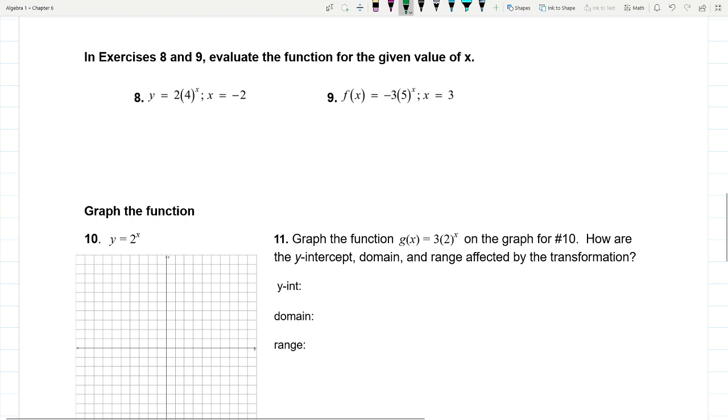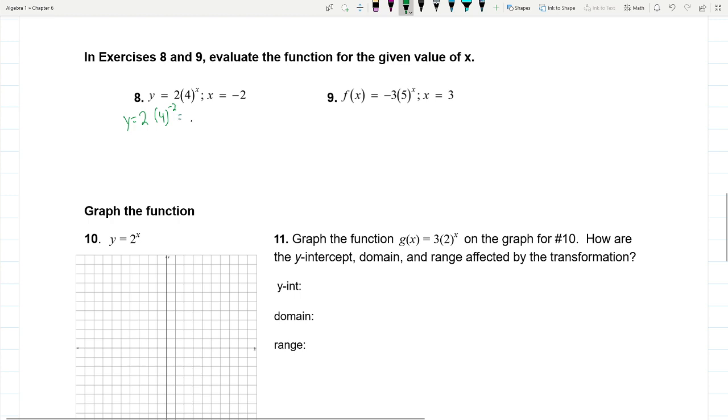Number 8. Evaluate the function for the given value of x. Whenever we get this, my y equals 2, and all we're doing is plugging in a value for x. So 2 times 4 raised to the negative second power.